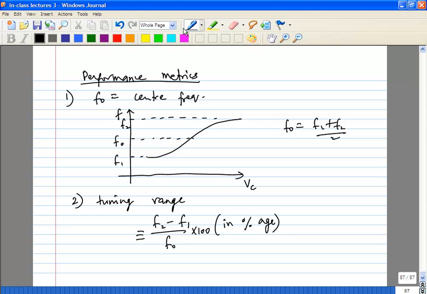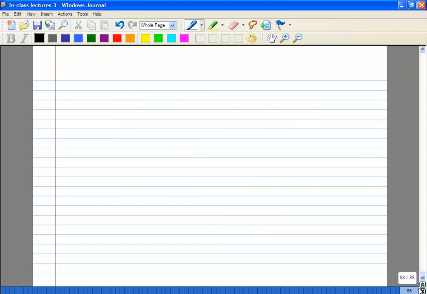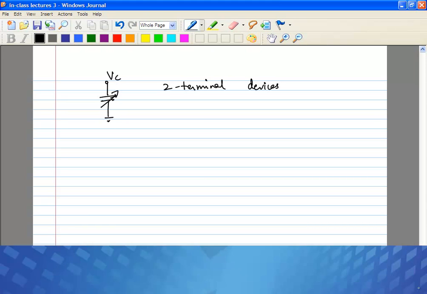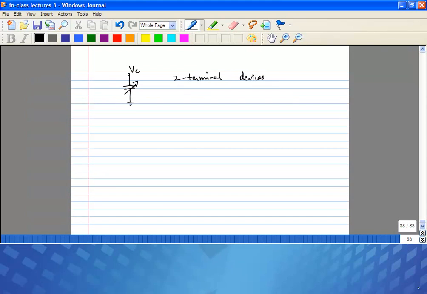How do you tune the oscillator? So remember, we looked at the MOS varactor and the diode varactor, and remember that both of them are two-terminal devices. So what you are going to do is put two of them together in a differential configuration.